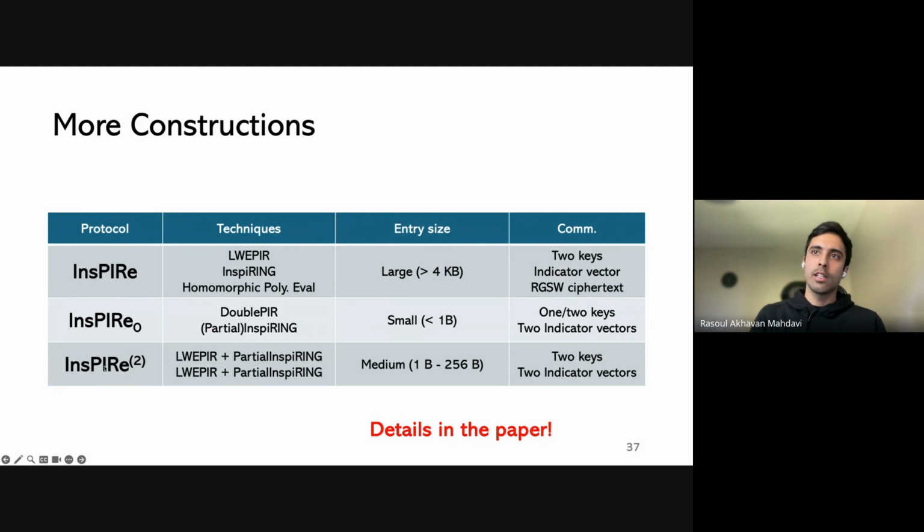On the other end, we have InsPIRe squared, which achieves the smallest communication costs, but it can only support up to medium-sized payloads, and it won't be efficient for larger payloads. In contrast, InsPIRe is the most flexible, and it achieves the best trade-off between communication and computation, as we'll see. It can support arbitrary payload sizes, either small or big.